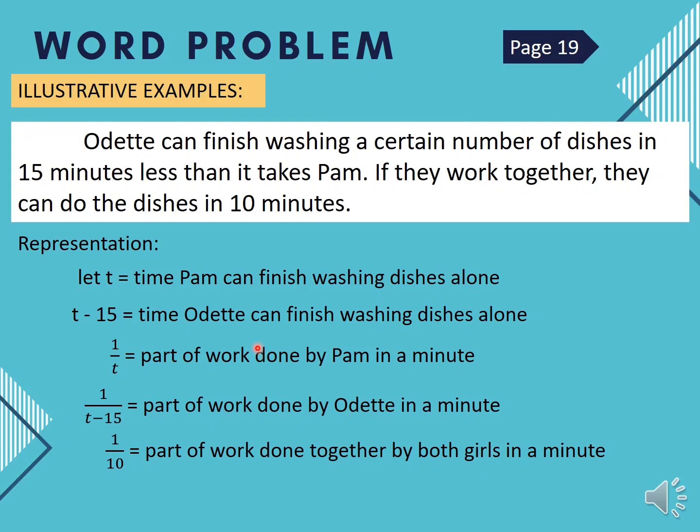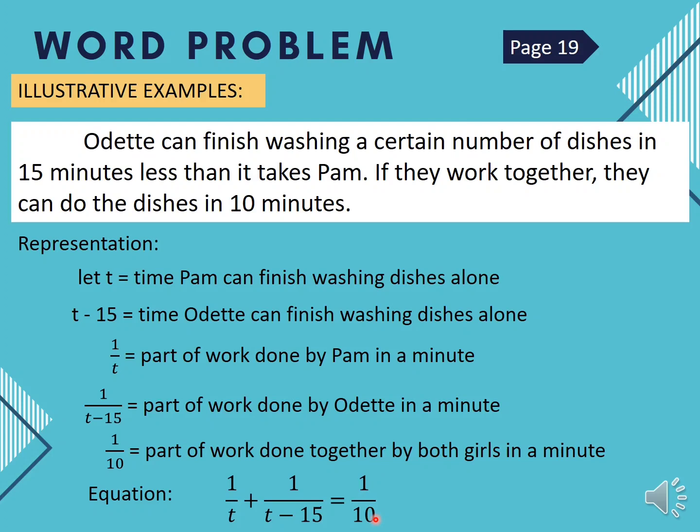We are already done with the representation. Let us have our equation. We can say that pag pinagsama natin ang part na work ni Pam at kay Odette, that will be equal to 1 over 10. And that is represented as 1 over T kay Pam plus 1 over T minus 15 kay Odette is equal to 1 over 10.